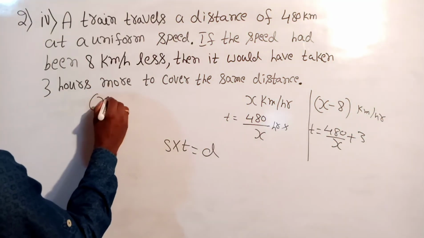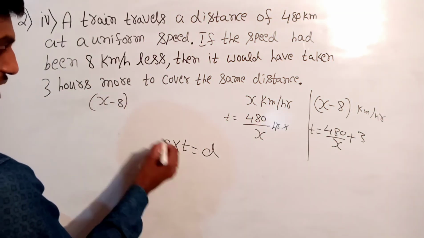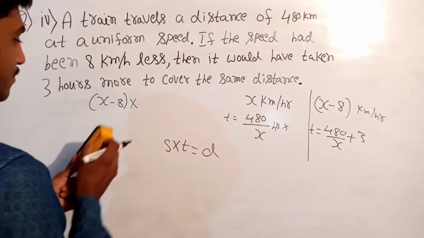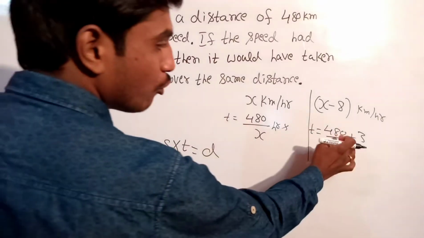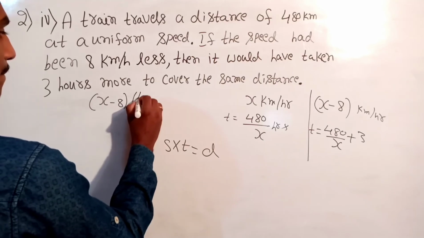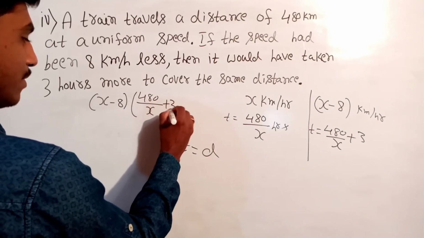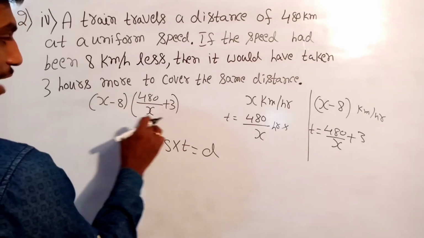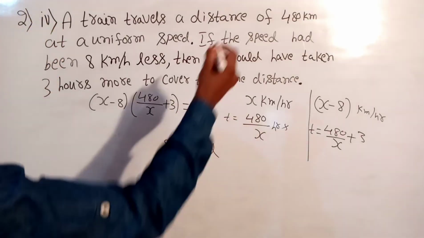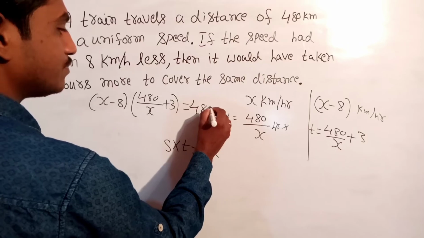So speed is x minus 8 multiplied by time. Time is 480 by x plus 3. So speed into time, which is equal to distance, is 480 kilometer.